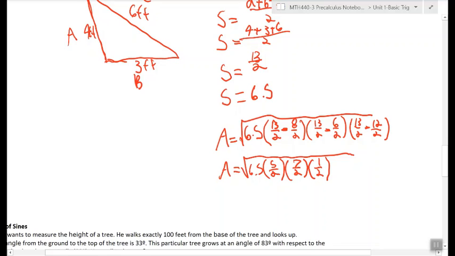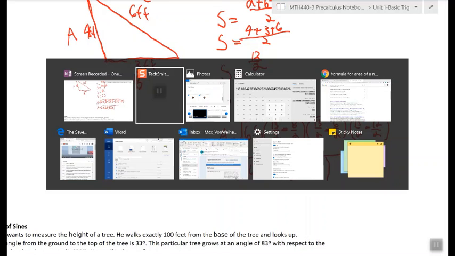And then we can just plug these into a calculator.